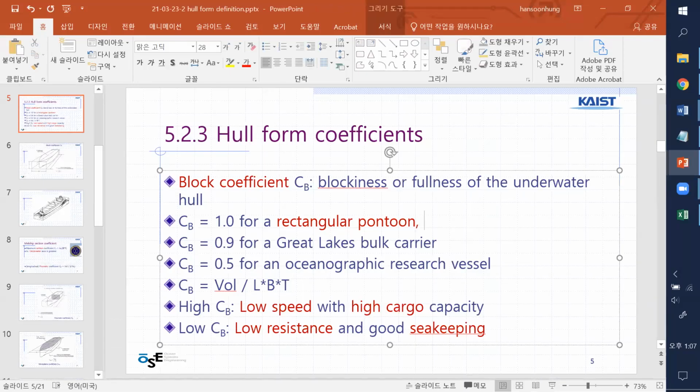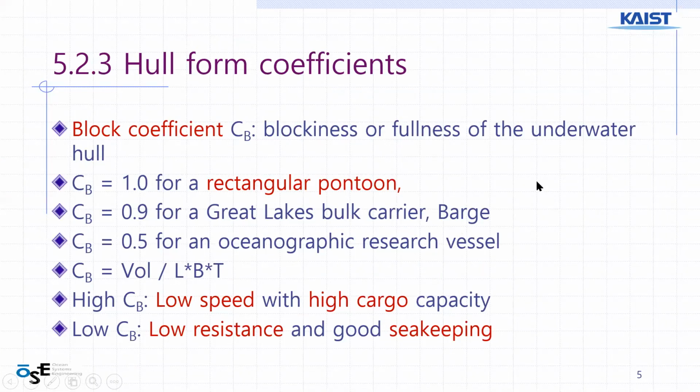That looks like not exactly number one, but almost. Let me show you here. Barge. Barge has very high numbers of CB, and that 0.9 is still high.